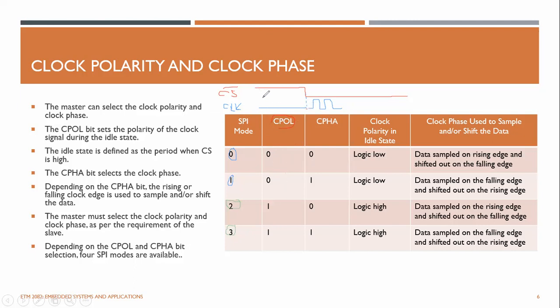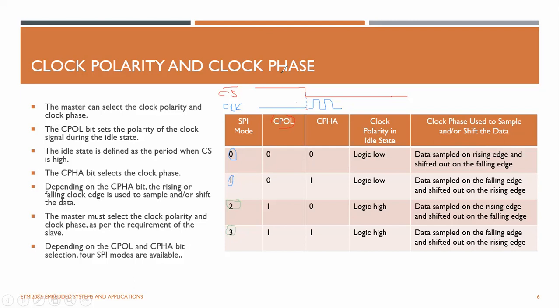If it is high, the initial voltage will be high while CS is set high, which is the idle state when no communication is happening. Now, at this point the communication starts and the clock will be generated, but we are interested in this period. And for the clock phase bit, if it is 0, the data is sampled on the rising edge.